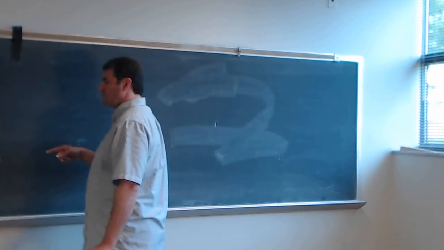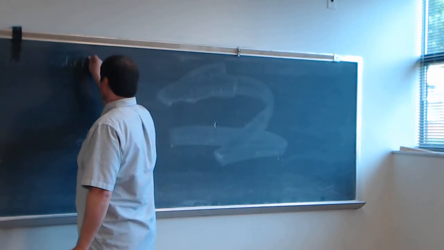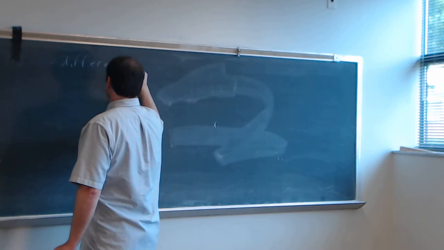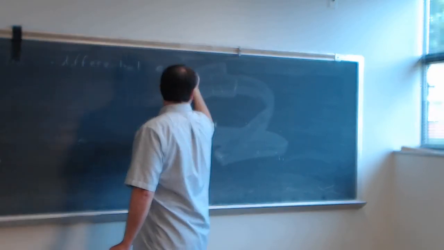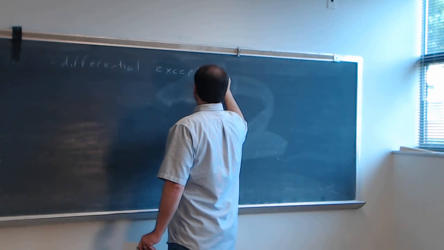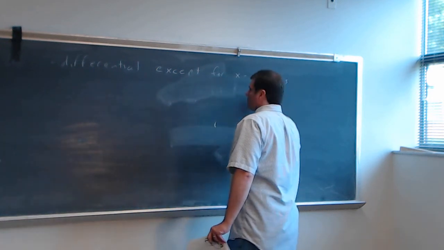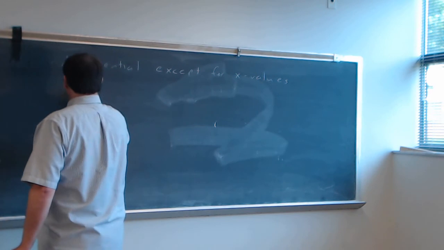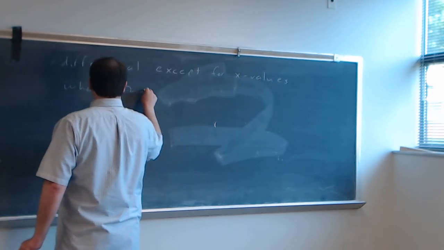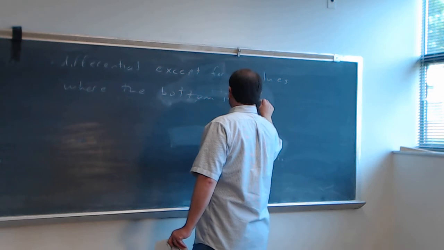So all polynomial and rational functions are differentiable, except for x values where the bottom is 0.